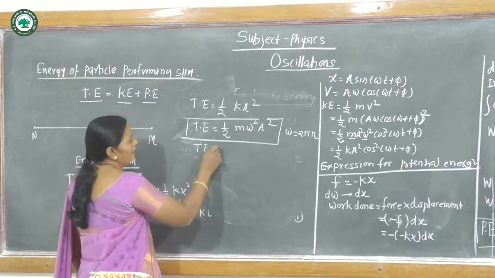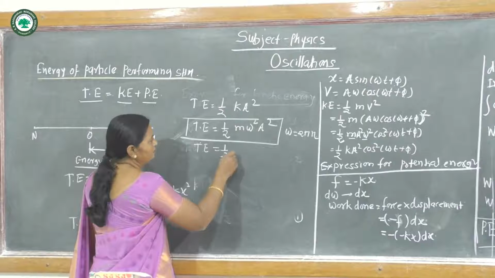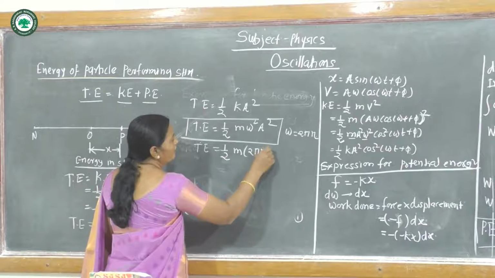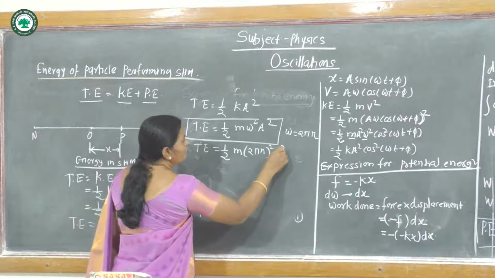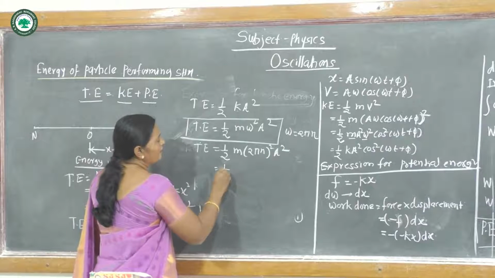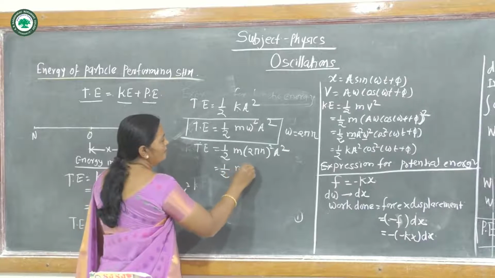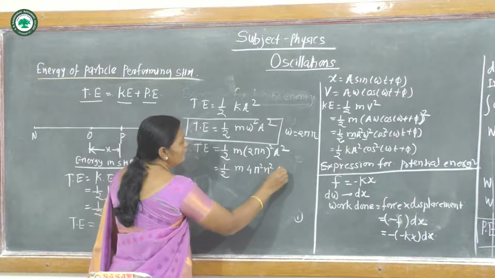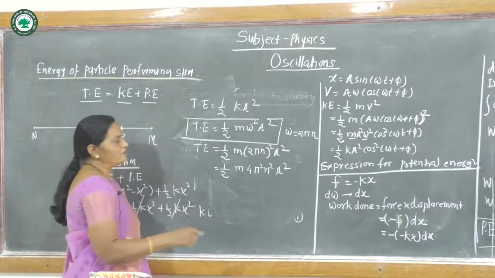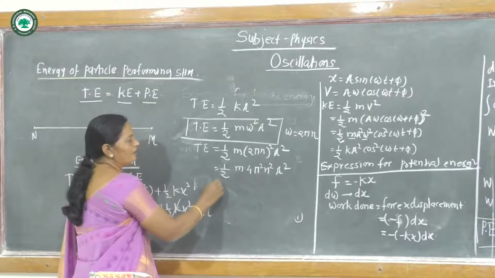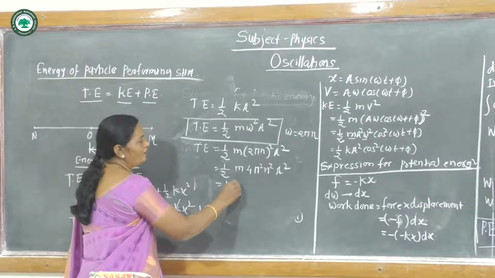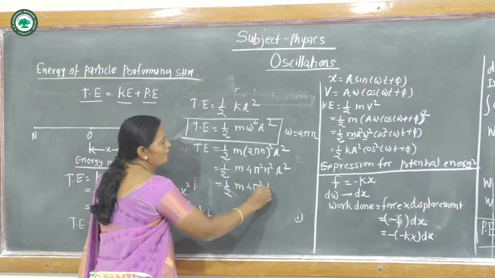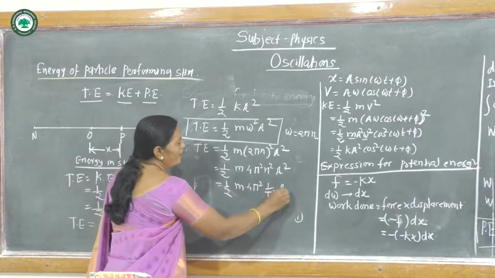We get 1/2 m into (2 pi n) square a square, which becomes 1/2 m 4 pi square n square a square. Substituting frequency as 1/T, it is 1/2 m 4 pi square 1/T square a square.